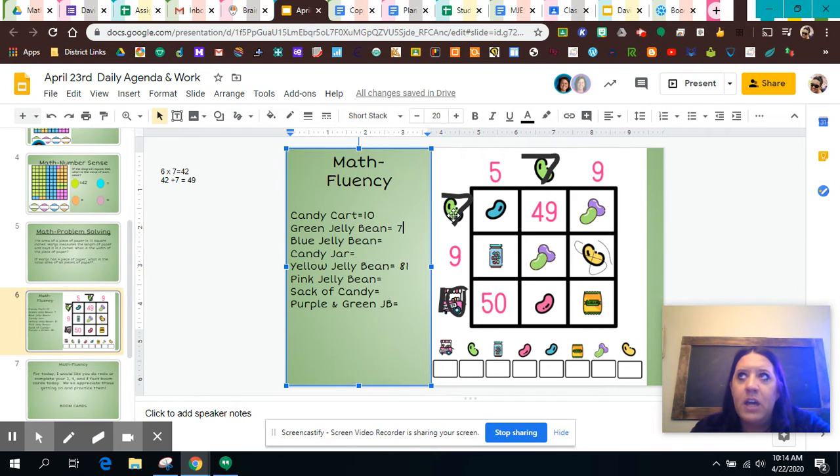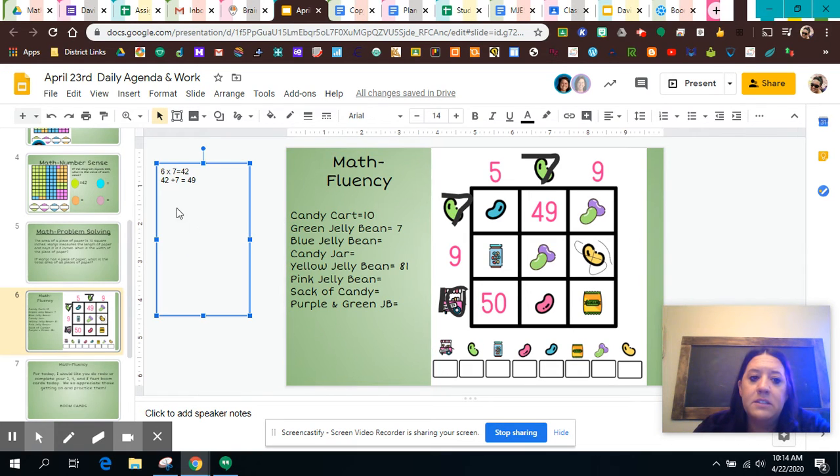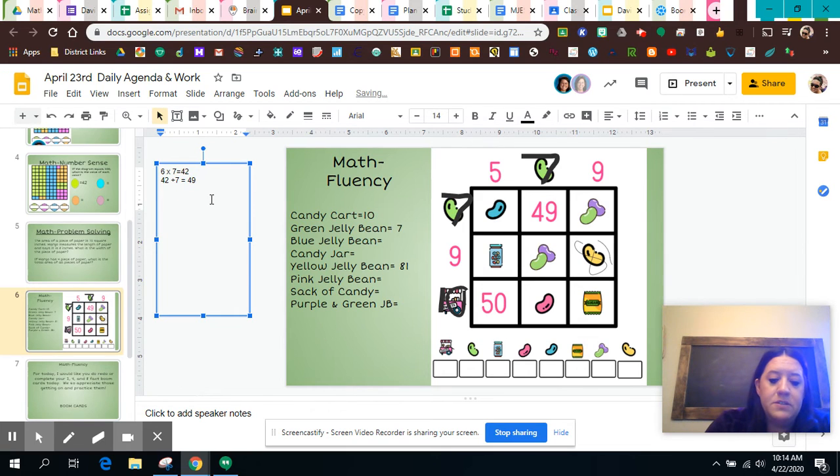Again, if I don't know that, I can do 7 groups of 10 is 70. And then take away a 7 because I did 1 too many 7s. So 7 groups of 10 equals 70.